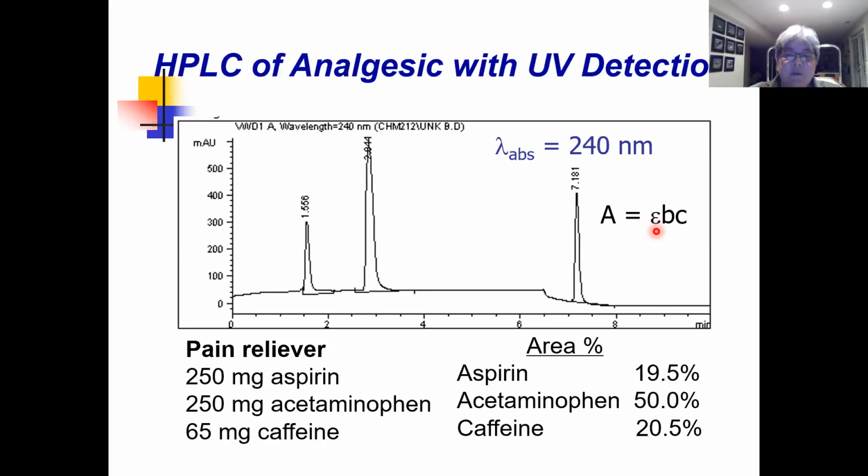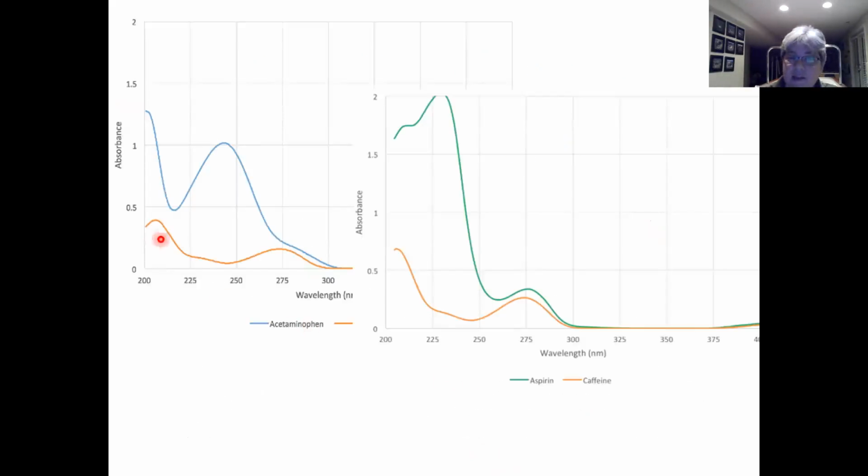Okay, well, remember this guy right here. Remember molar absorptivity or absorptivity. And remember that is a constant for a molecule, a given molecule at a given wavelength. So if you change the molecule, this number changes. You change the wavelength, this number changes. So when we look at these 3 compounds, they actually all have different absorbances, they're looking at 240.